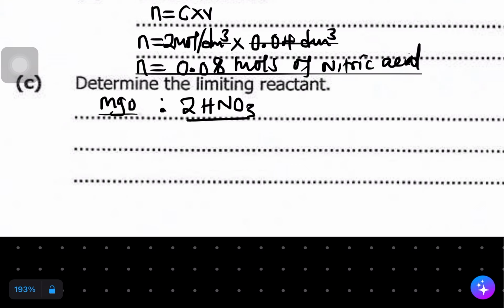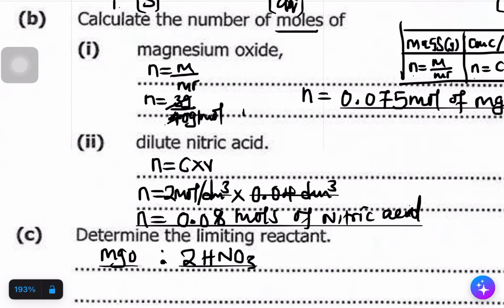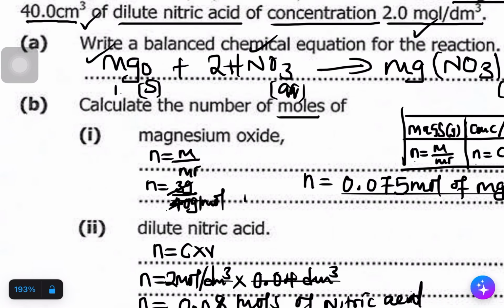Now, the first step is you put up the mole ratios. Mole ratios are the numbers in front of the compound or formula. When there is no number in front, then this is 1, so we have the mole ratio of 1. And here, the number in front is 2.